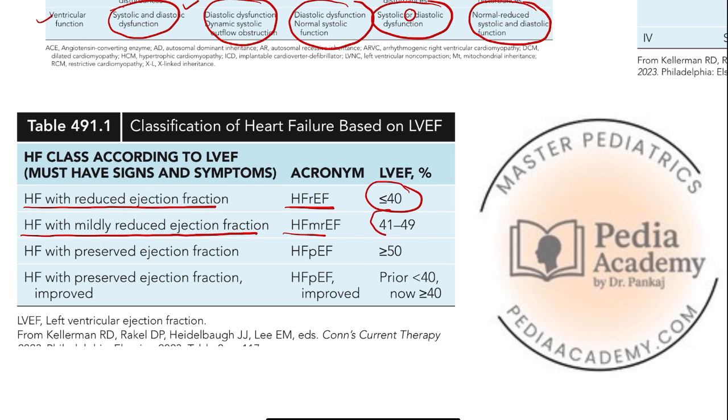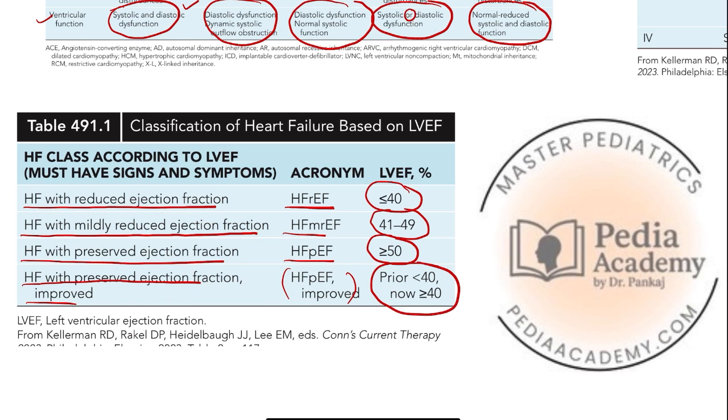It's 41 to 49%. Heart failure with preserved ejection fraction, this is the acronym, and they'll ask left ventricular ejection fraction is more than 50. Heart failure with improved ejection fraction, they will write like this. So prior it is less than 40, now it is more than or equal to 40.